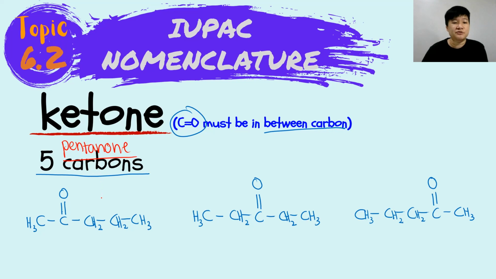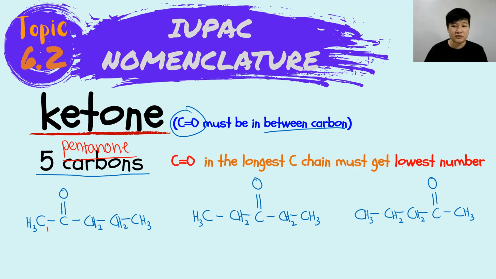But how about the position? For the first structure, the C double bond O is towards the left-hand side. Therefore, to ensure that the C double bond O gets the lowest possible number, we must count from the left: 1, 2, 3, 4, 5. The name of this pentanone will be 2-pentanone, because the C double bond O is at carbon number 2.